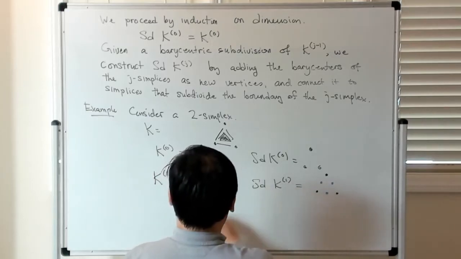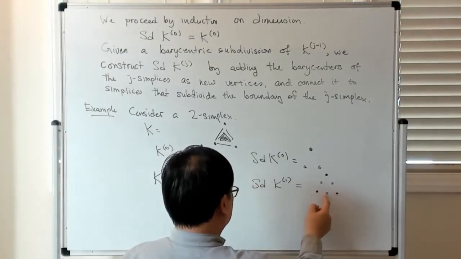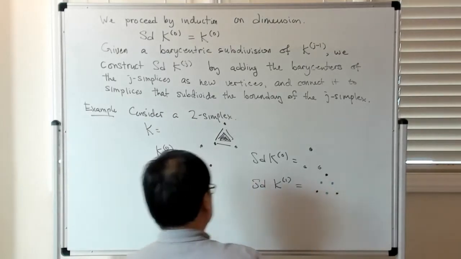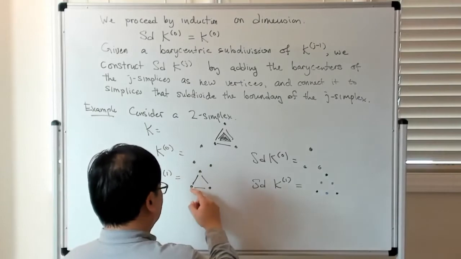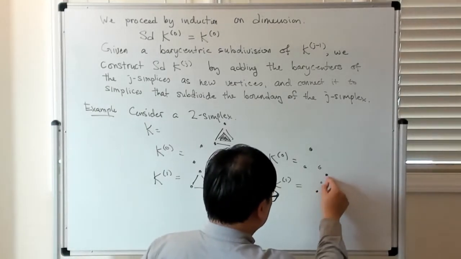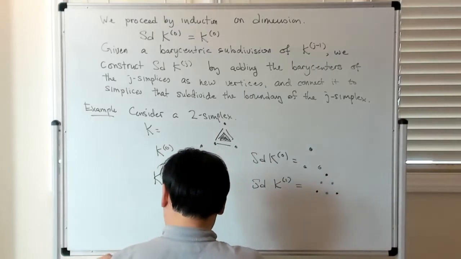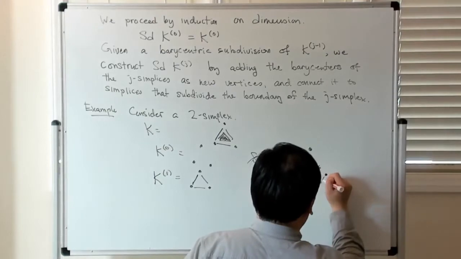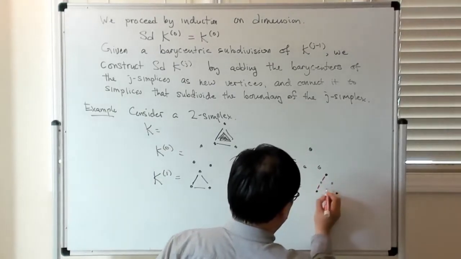And then I'm not quite done yet because I want to connect these. It's like two things which subdivide the boundary of each edge, right? So given an edge, the boundary is these 2 points. So I need to connect the new barycenters to the boundary of the corresponding edge. So I have to add these things here.